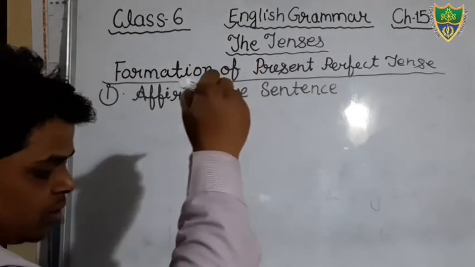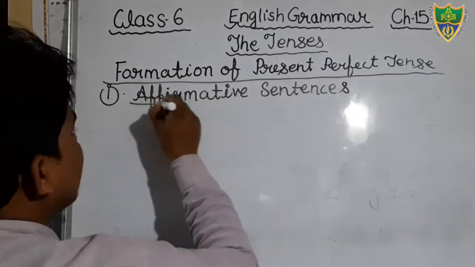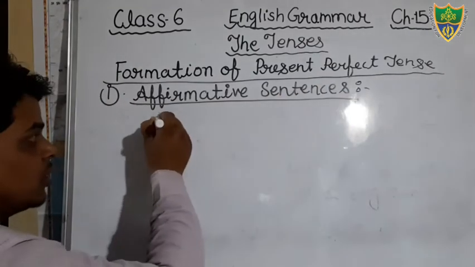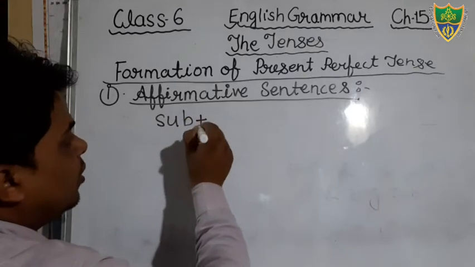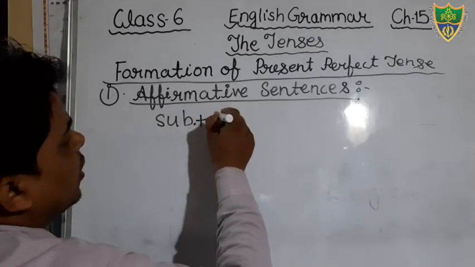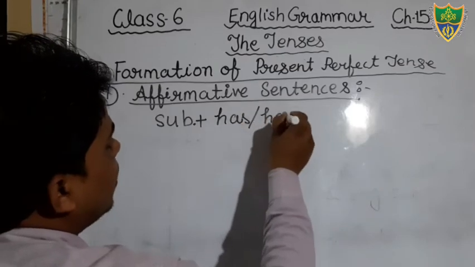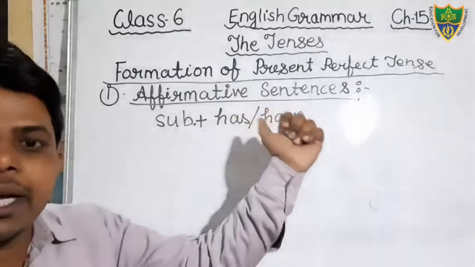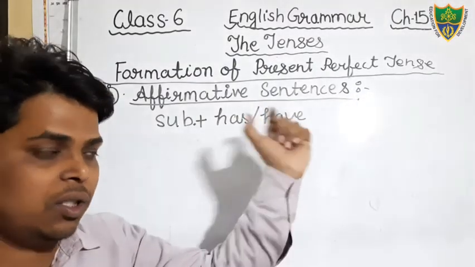So just see students, affirmative sentences, and just write down the structure. There would be subject, then has or have according to the subject. As I have already told you, we use has with the singular subject and have with the plural subject in this tense.